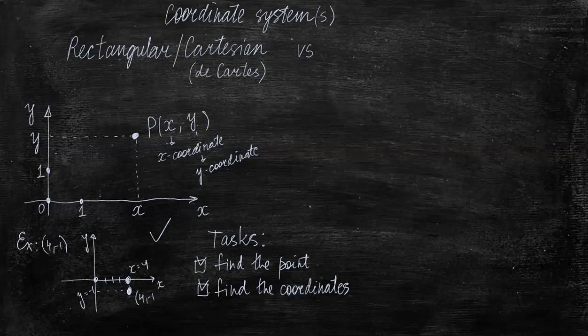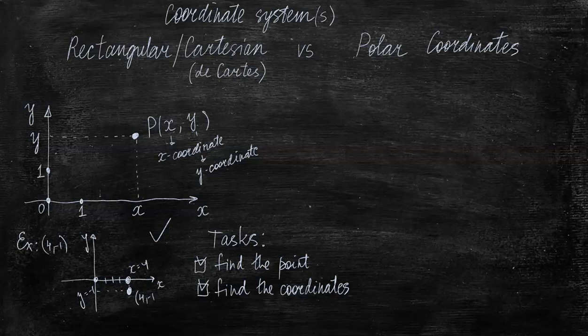Alternatively, we can consider different rules that will still allow us to perform the same two tasks. That is, given the coordinates, we should be able to find the point, and given the point, we should be able to assign it a set of numbers, in this case 2, that we would call coordinates.